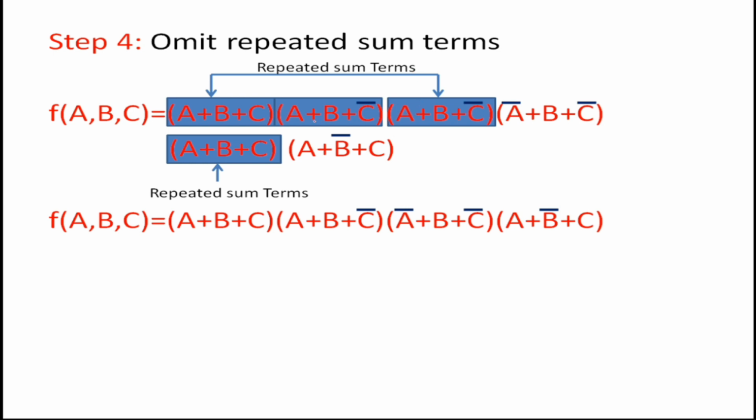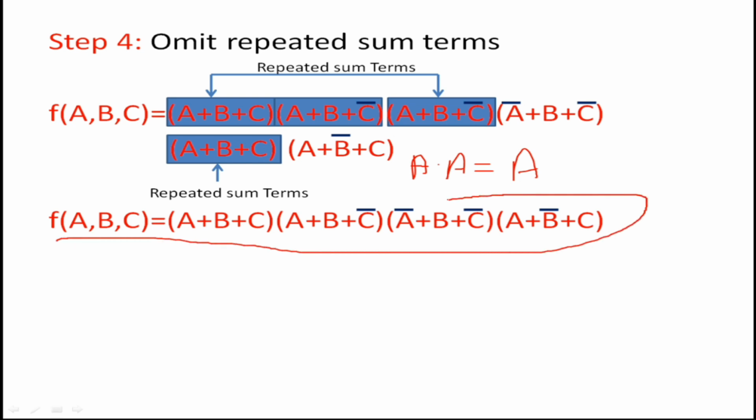So instead of having two A plus B plus C bar and two A plus B plus C, we can have one of each, because again, as I said, A into A is going to be A. So here A plus B plus C, A plus B plus C bar, A bar plus B plus C bar, and A plus B bar plus C. So these are the final sum terms that are going to be in your standard expression.